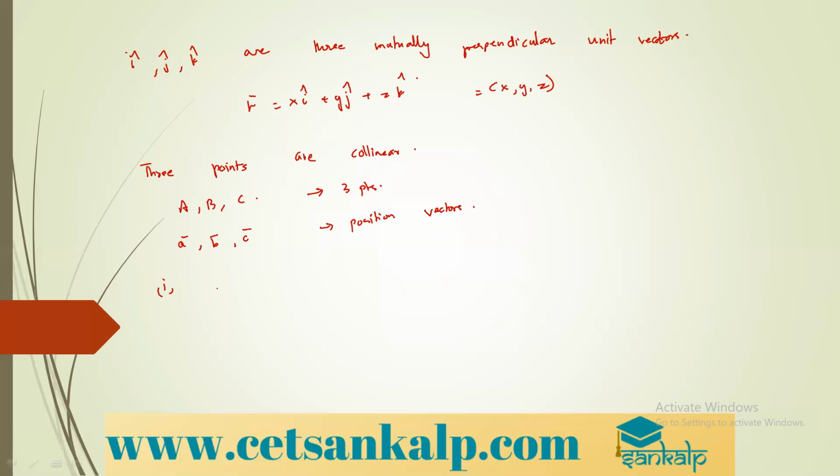So I can say they are collinear if vector AC equals K times vector AB. If there is no such K, then the vectors are non-collinear. This is how you can see.